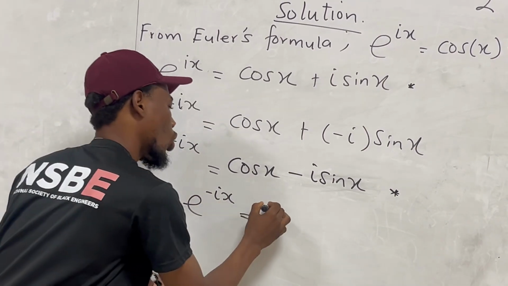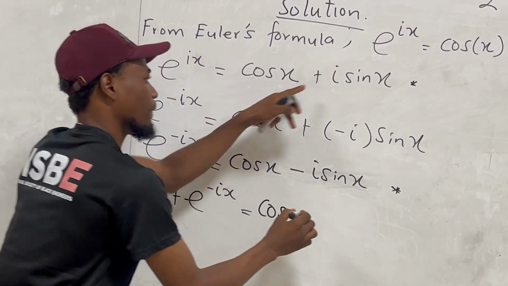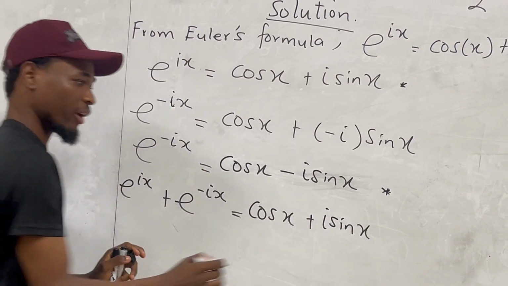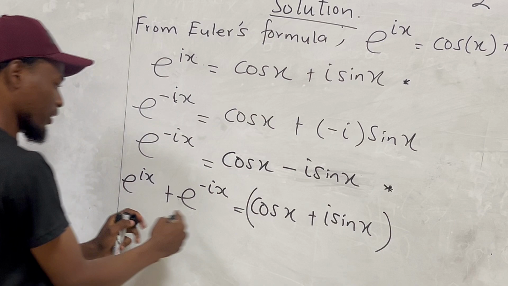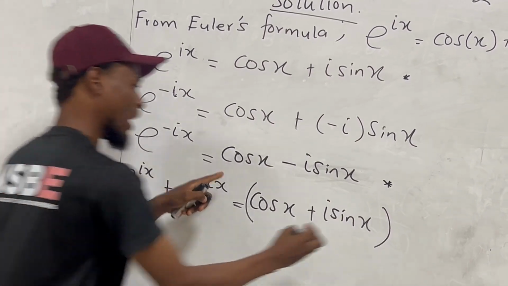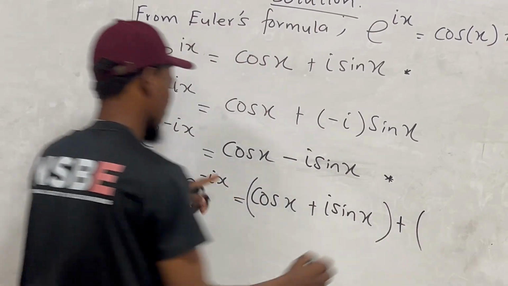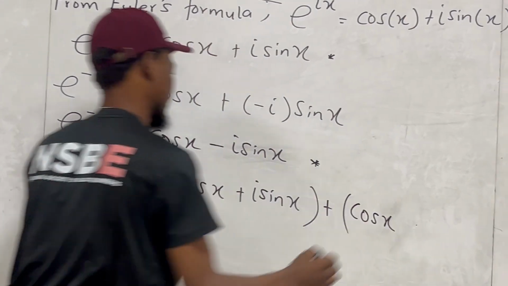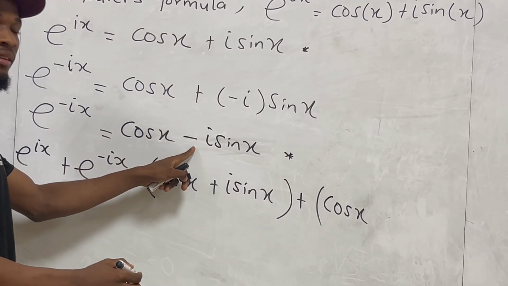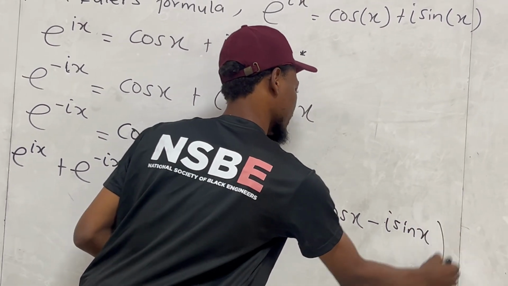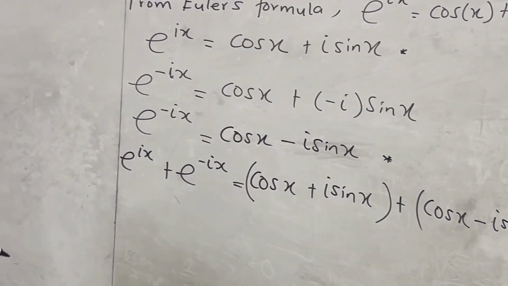So I have cos x, then plus i sine x, this way. That's for this. Then I'll consider this. Then I have plus this, right? So I have cos x, then minus i sine x, this way.